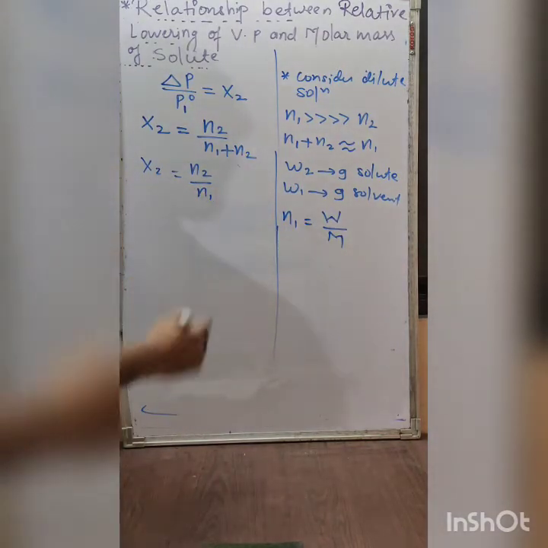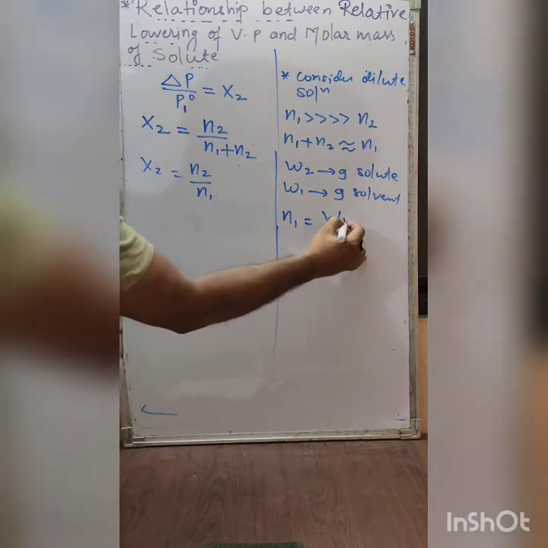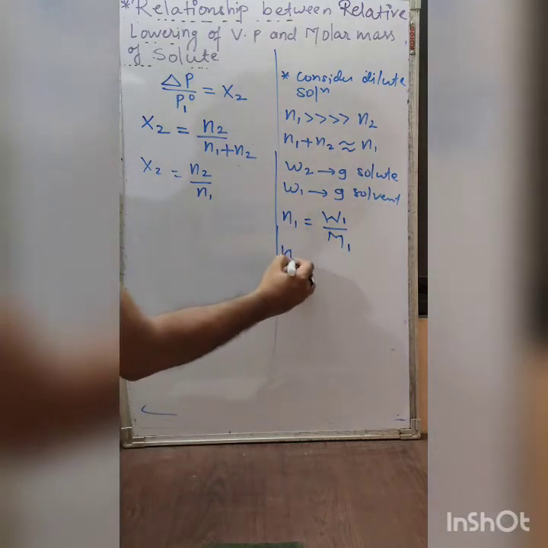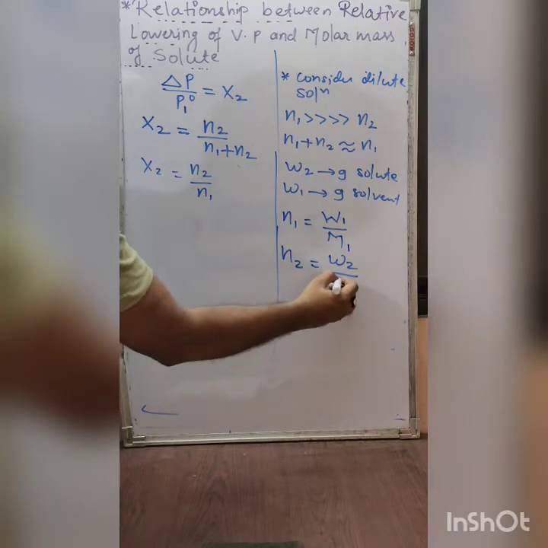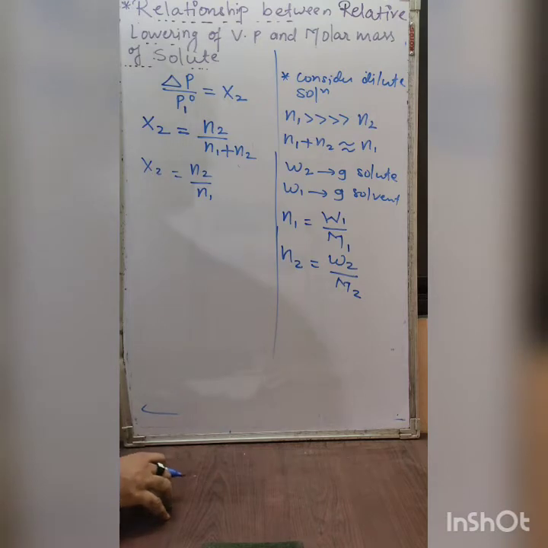We have seen this formula in 11th. So number of moles of solvent is equal to mass of solvent upon molar mass of solvent. Same here, N2, that is number of moles of solute, is equal to mass of solute upon molar mass of solute.